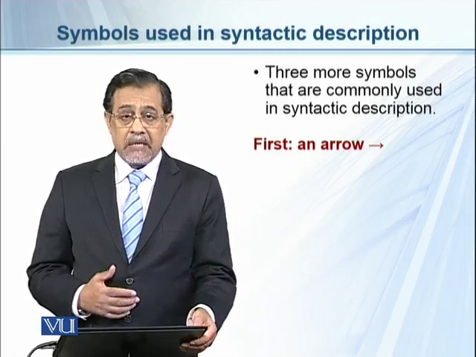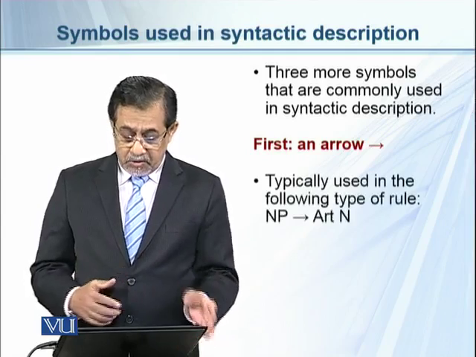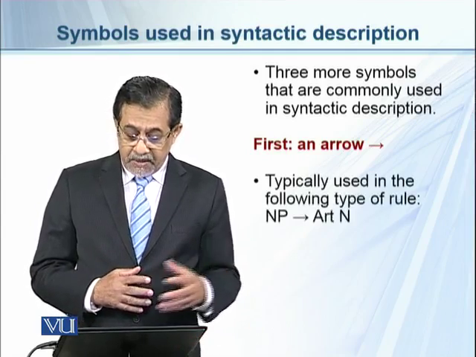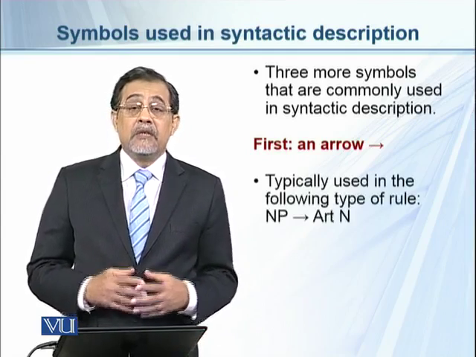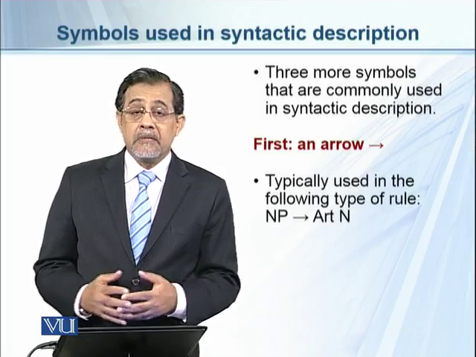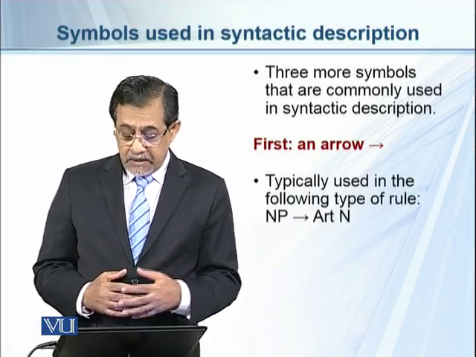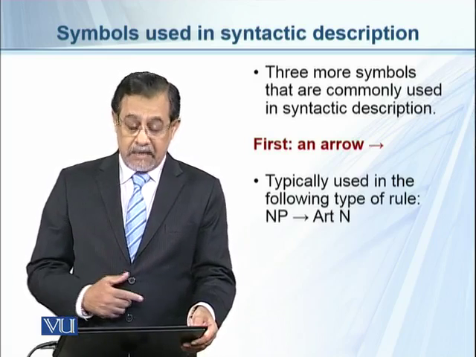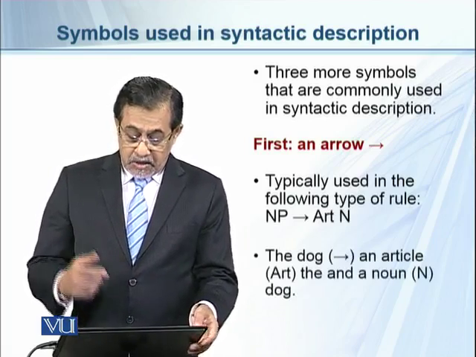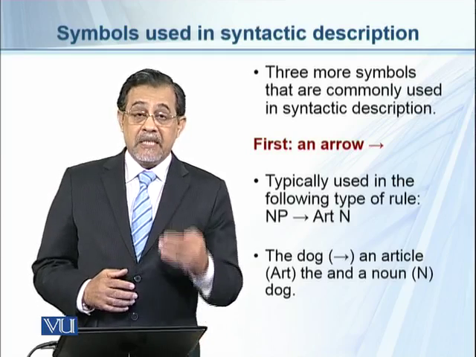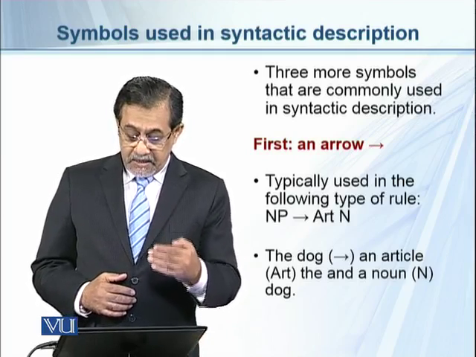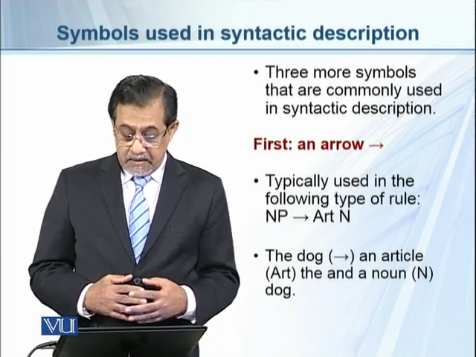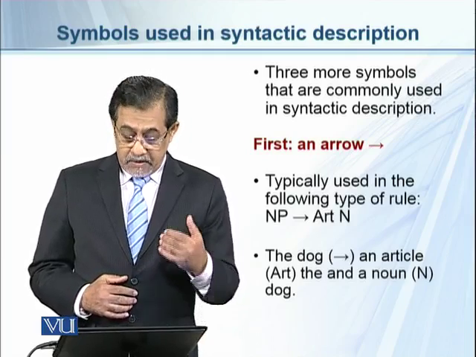So we can take either of the two meanings. It is typically used in rules like the following: NP consists of or rewrites as art and noun, article and noun. The dog means that this noun phrase consists of an article, art, and a noun, dog.